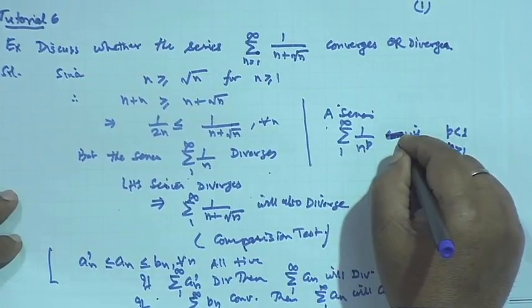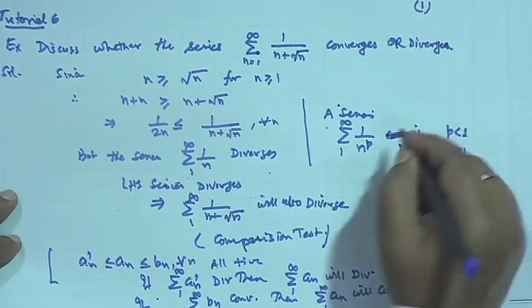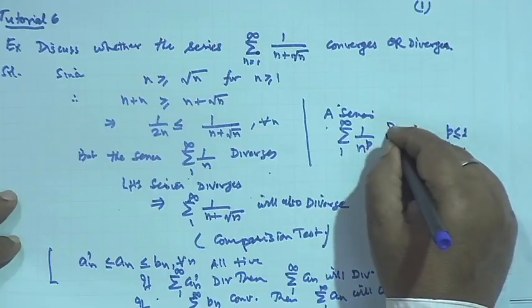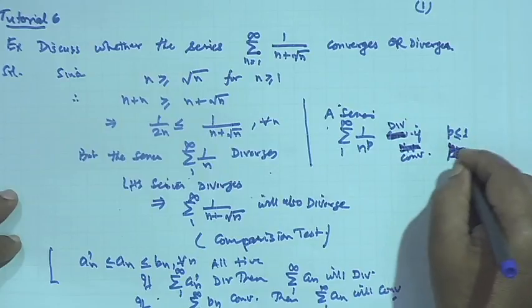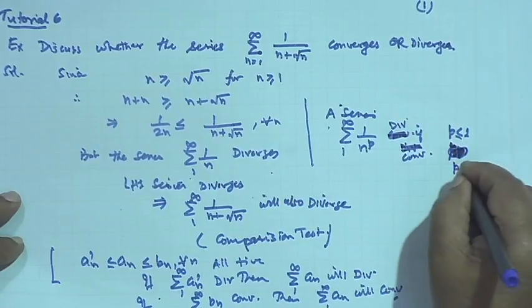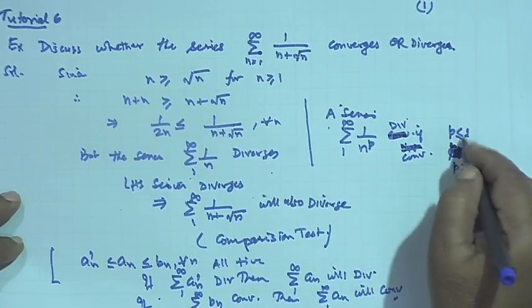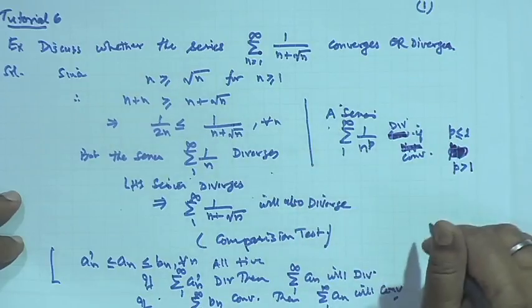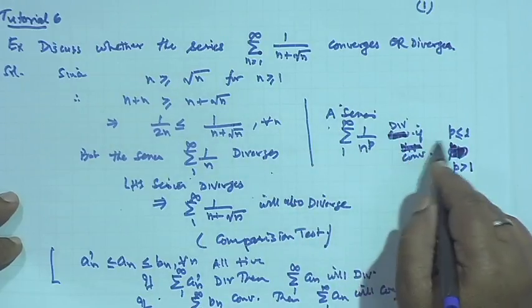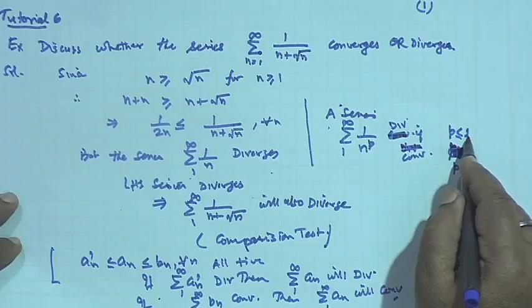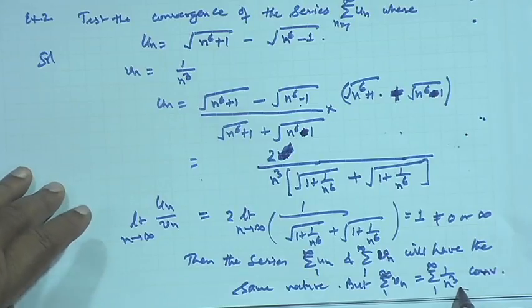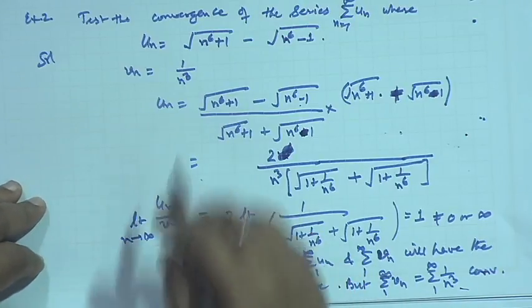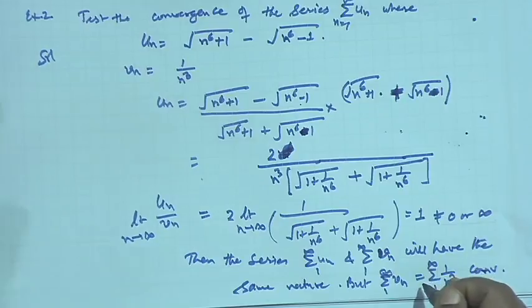This is diverging and this is convergent. P is greater than 1 converges, p is less than or equal to 1 diverges. Please correct the previous slide. It diverges if p is less than or equal to 1 and converges when p is greater than 1. So, here p is greater than 1, so it converges, therefore this series is convergent.